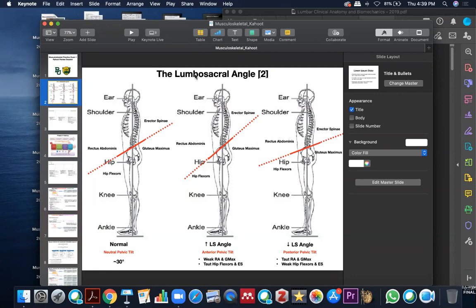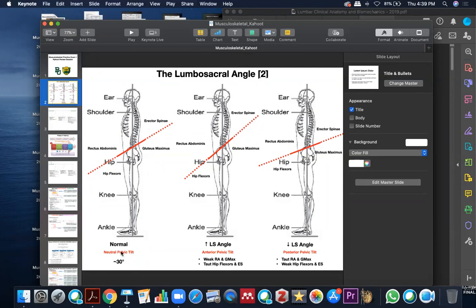It's actually tilted in neutral state right here. If you draw an imaginary line right through that intervertebral disc, that's the lumbosacral angle. Relative to horizontal, it's normally about 30 degrees.